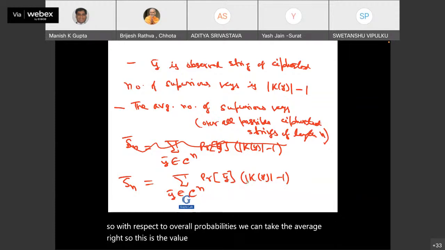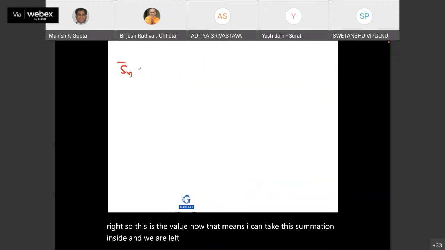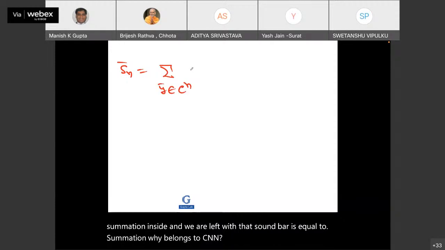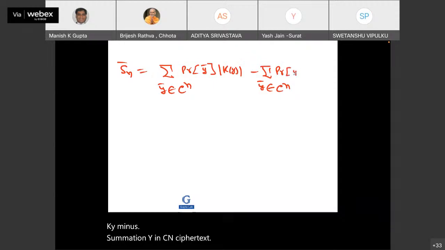Now I can take this summation inside, and we are left with Sn bar equal to the summation over y belonging to Cn of the probability of y bar times ky minus the summation over y in Cn of the ciphertext probability of y.